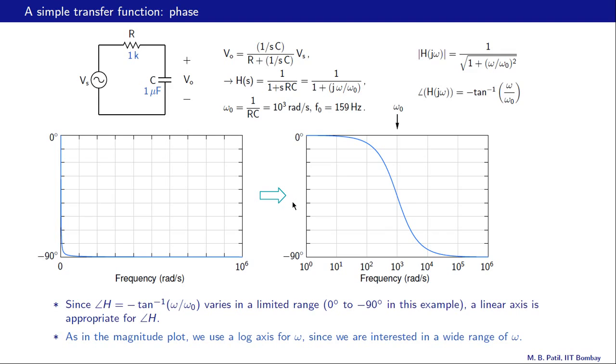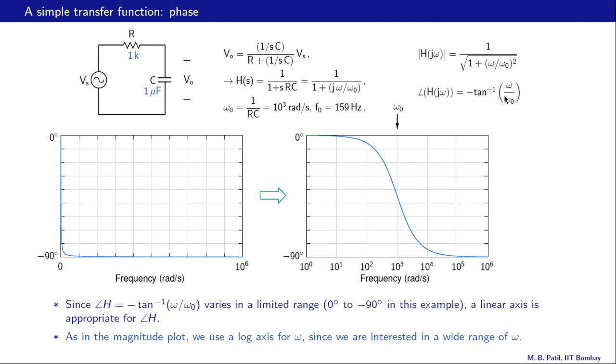And as before, when we plot the frequency on a log axis, we can clearly see certain trends as well. For example, at omega equal to omega 0, which is this point here, the phase is minus 45 degrees, and that is something that we expect from here, minus tan inverse omega equal to omega 0. So this is 1, and that is minus tan inverse of 1, which is minus pi by 4 or minus 45 degrees.